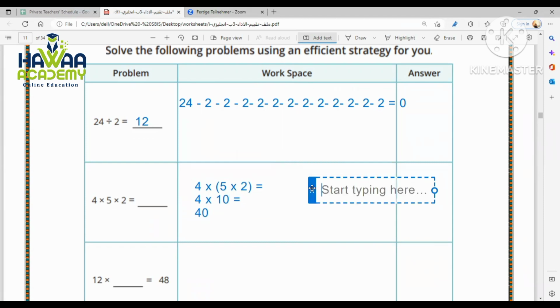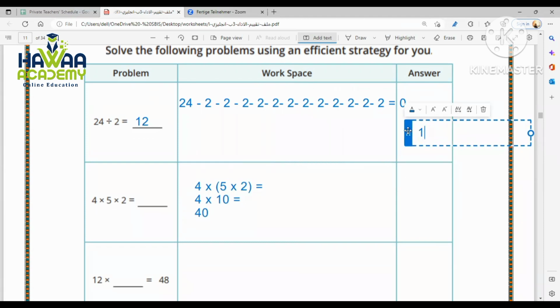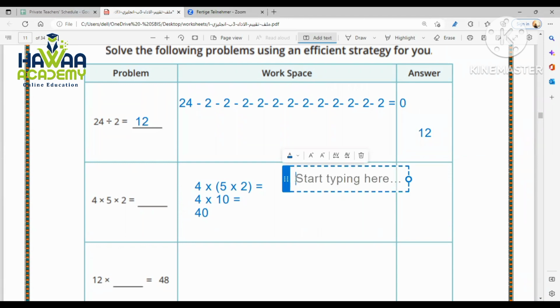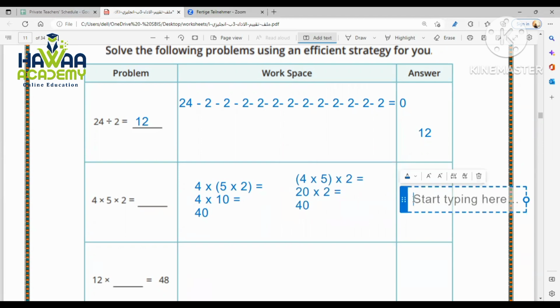If I start with 4 times 5 and then multiply the 2. So 4 times 5 will be 20, times 2 will be also 40. So do the way that is suitable for you. All of them will be the same.